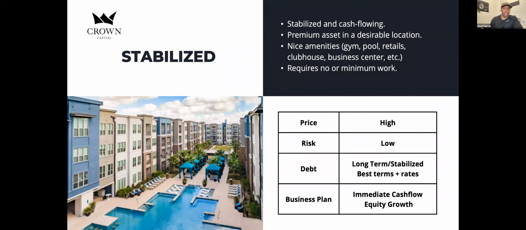Class A is just another way to describe the neighborhood that the building is in. You can also have a stabilized property in B areas, and sometimes in the C area if you're in maybe a rural town. So what state and city also play into a stabilized property.